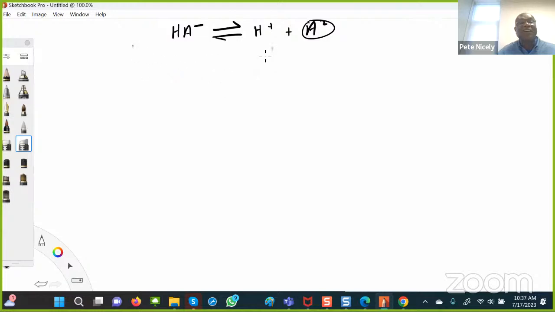Based on the results of the first dissociation, the concentration of HA minus is going to be equal to X from the first part, which is 2.8 times 10 to the minus 3. The concentration of H plus is also going to be the same, 2.8 times 10 to the minus 3.